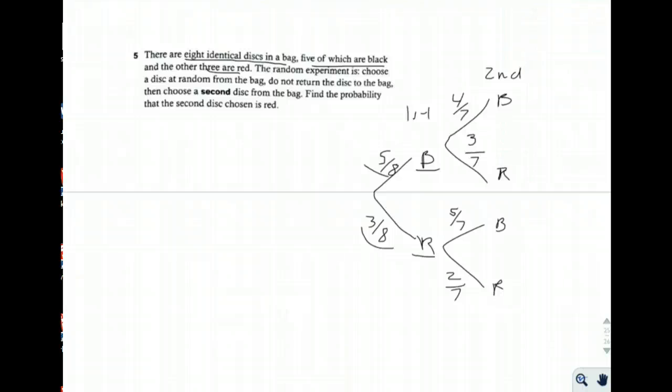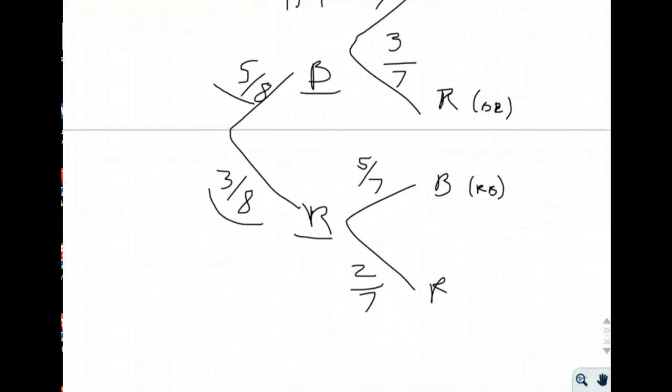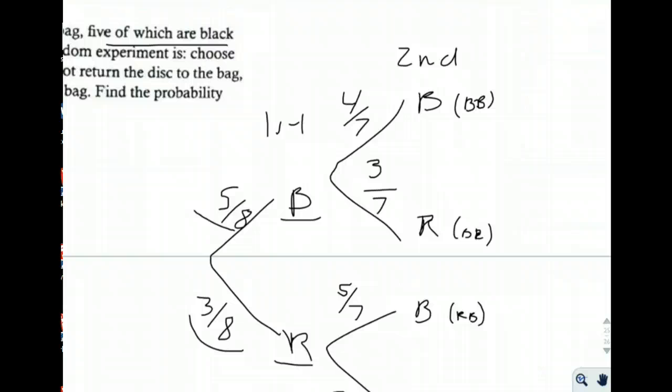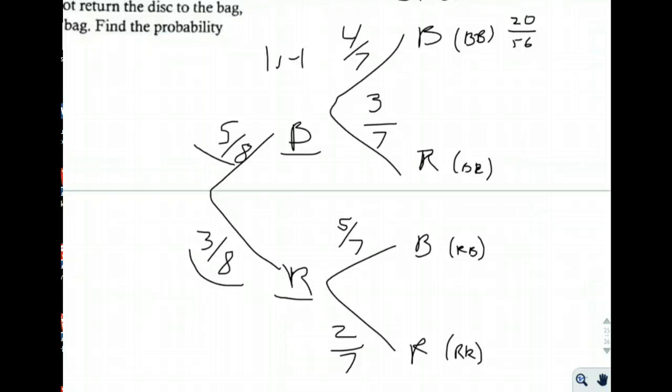Now to find the probability of each case, the first one would be black black, second one would be black red, third one would be red black, last one would be red red. So black black would be 5 over 8 times 4 over 7, it would be 20 over 56. Black red is 5 over 8 times 3 out of 7, it would be 15 over 56.